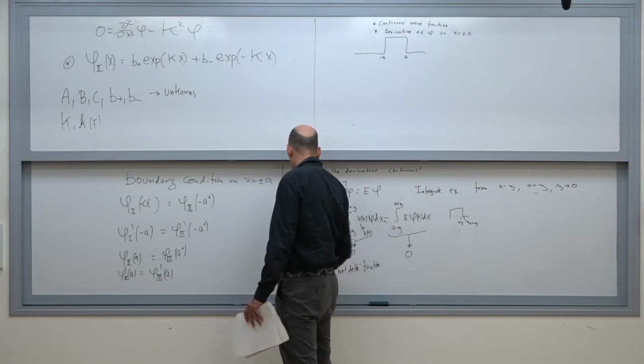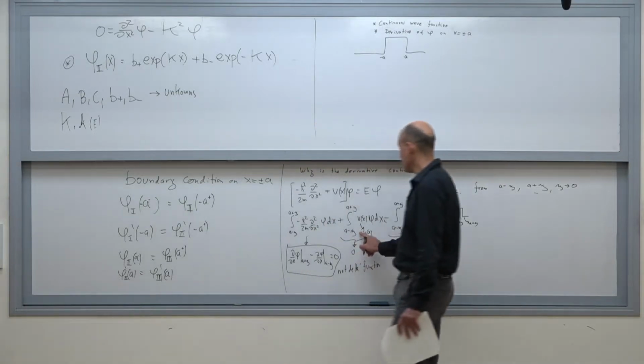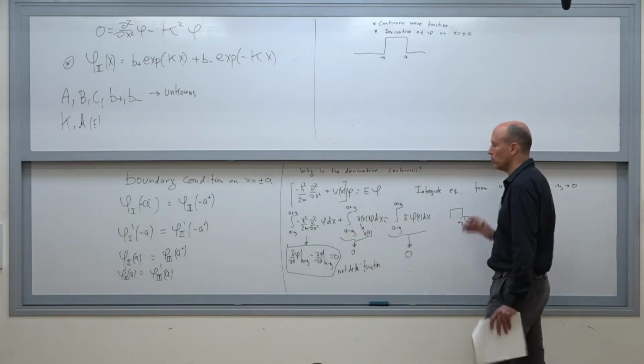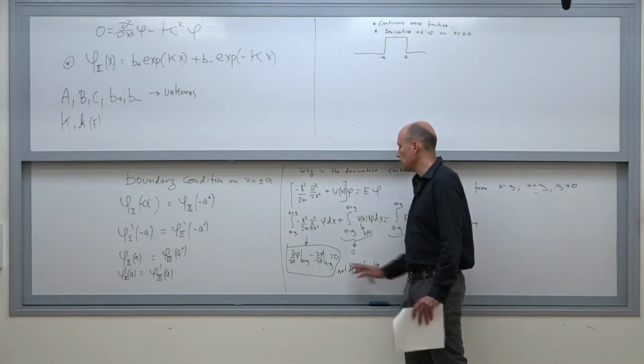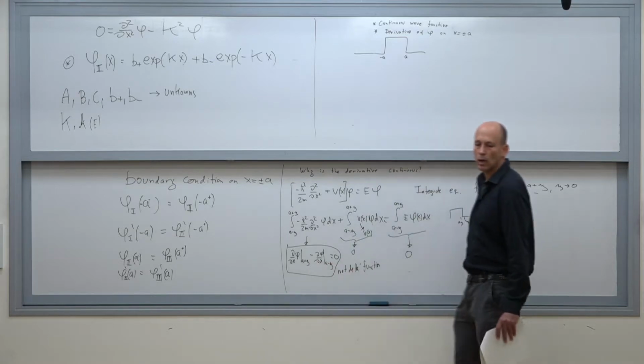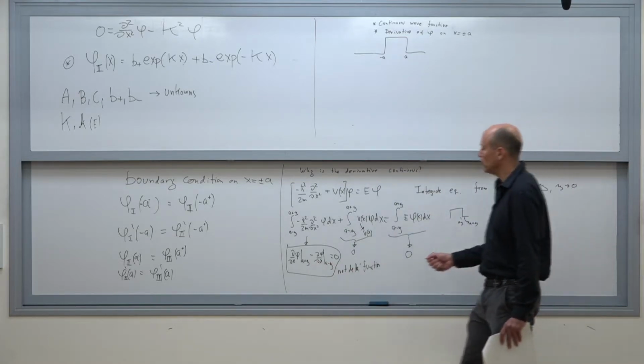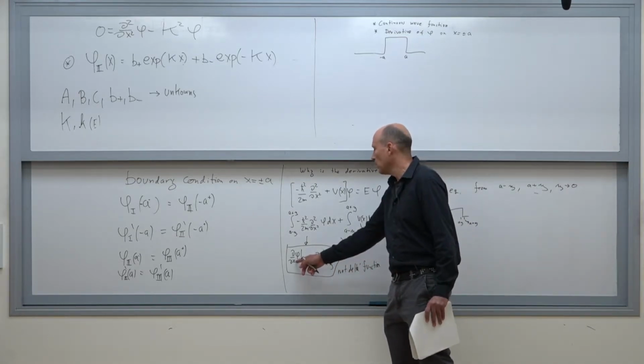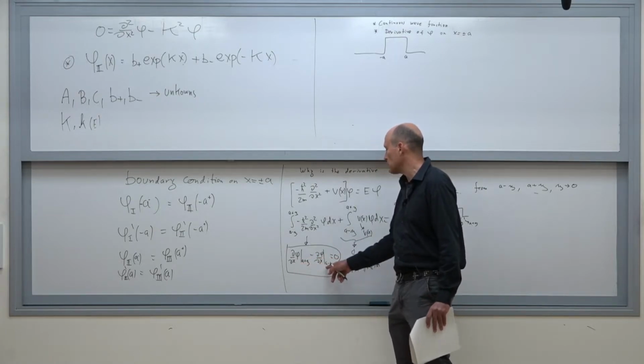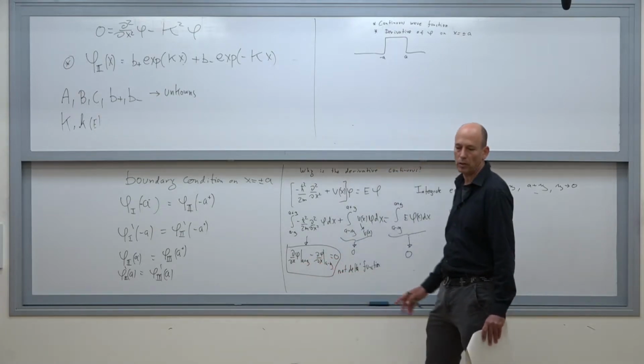And because all the other guys are 0, since the potential is not exploding, the derivative has to be continuous. This is the meaning of continuous: for some small eta, the derivative at a plus eta is the same as the derivative at a minus eta.